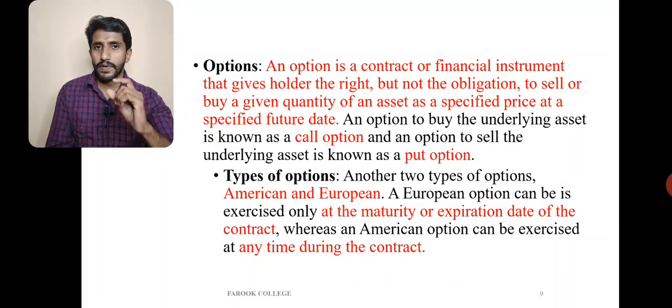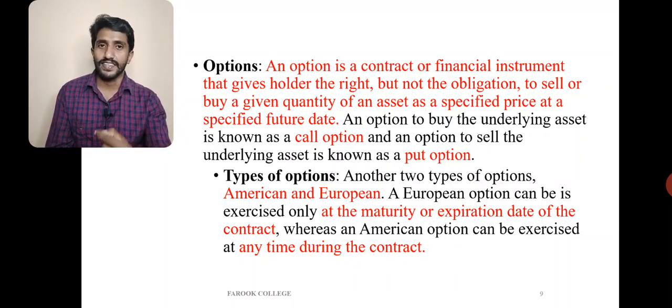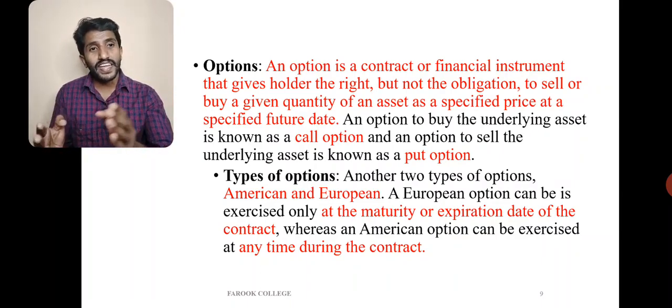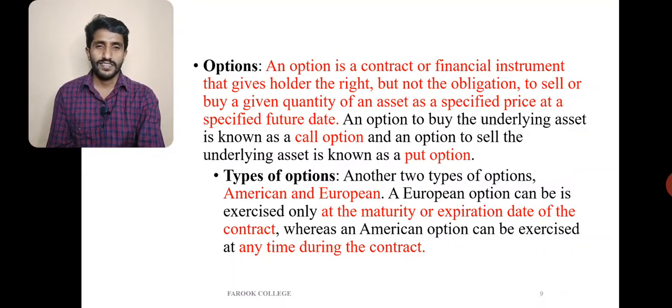So the transaction can happen only on the 90th day, not before that. But American option can be exercised at any time during the contract. Before 90 days also the contract can happen according to American option.